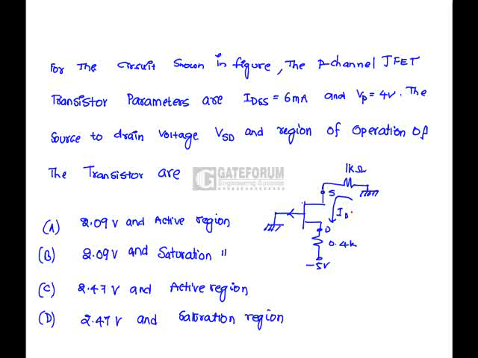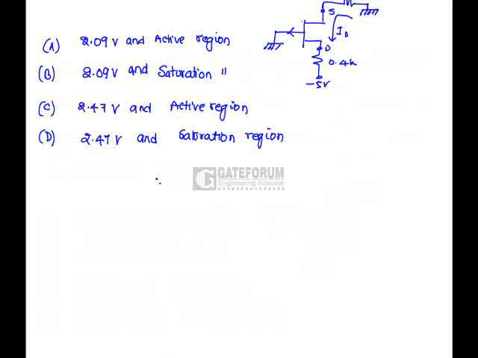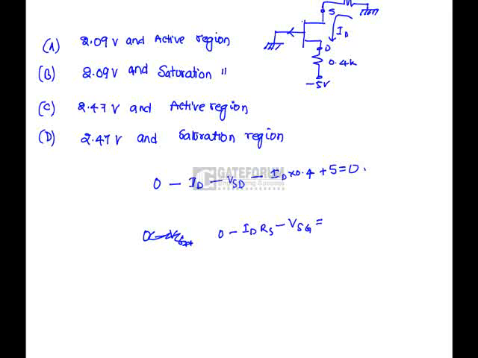The source to drain voltage and the region of operation of the transistor are, here 0 minus ID minus VSD minus ID into 0.4K plus 5 equals 0. Now, 0 minus IDRS minus VSG equals 0, meaning VSG is nothing but minus IDRS. Here VGS is nothing but IDRS.